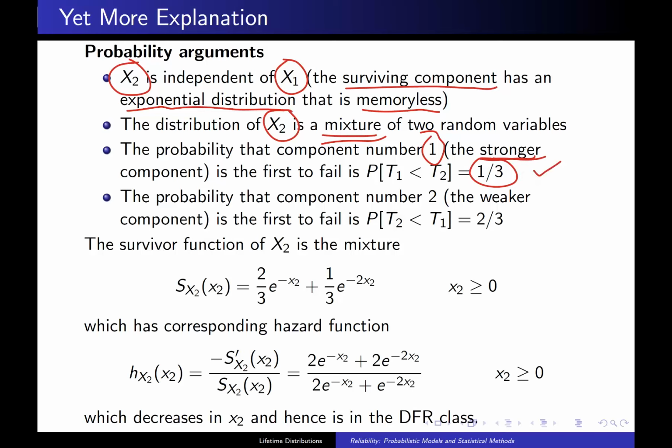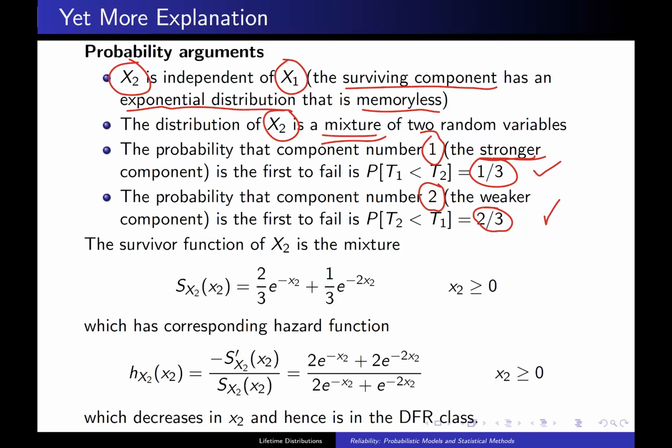It is not surprising that that number is less than 1/2 because component 1 is stronger than component 2. Now, the probability that component number 2, which is the weaker component, is the first to fail, is the probability T2 is less than T1, and that is 2/3. Not surprisingly, 1/3 plus 2/3 is equal to 1 because one of those two components is going to fail first.